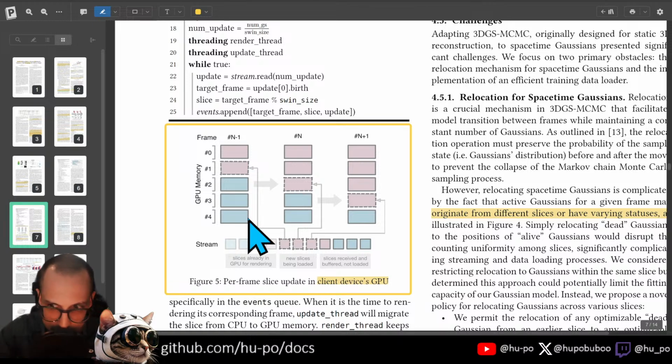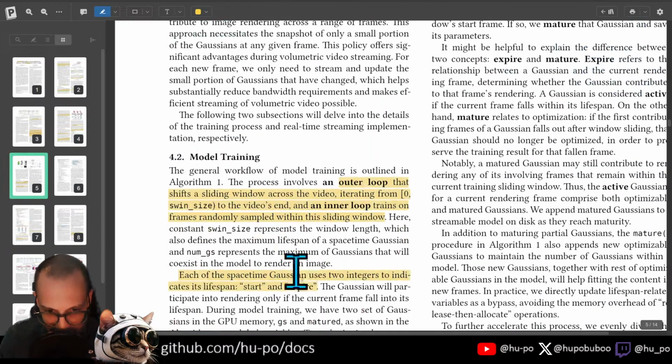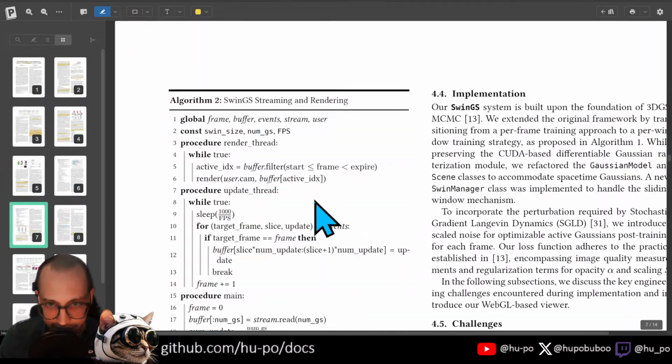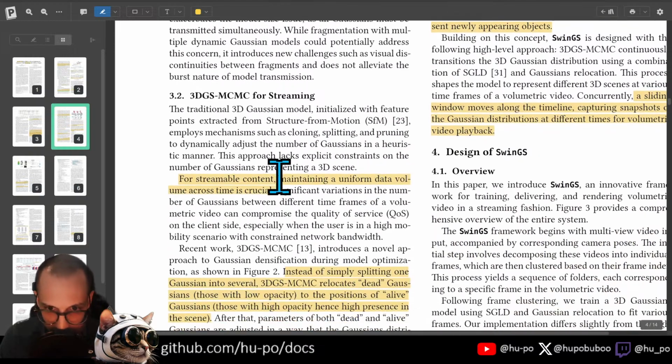You don't want to be changing the amount of Gaussians. So this type of strategy where you're instead moving Gaussians around is a much better way to ensure that you always have the same block of memory, right? A uniform data volume.